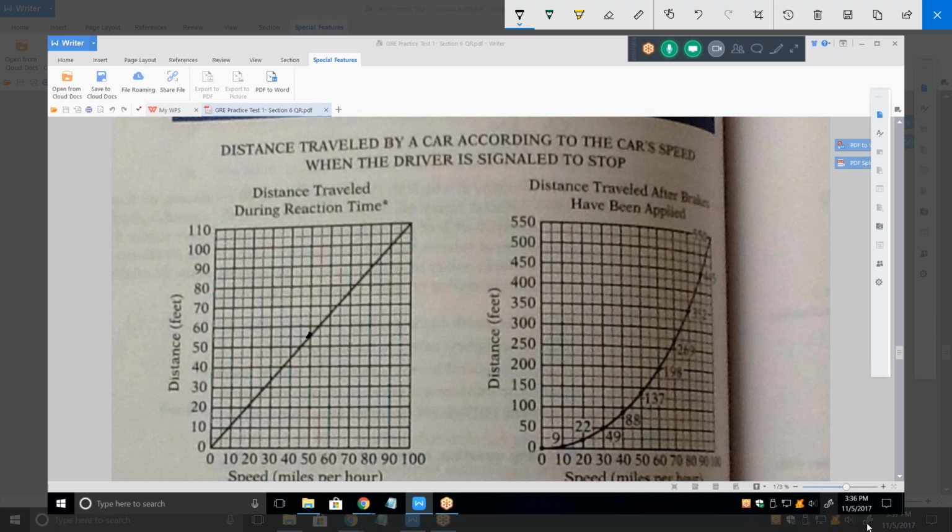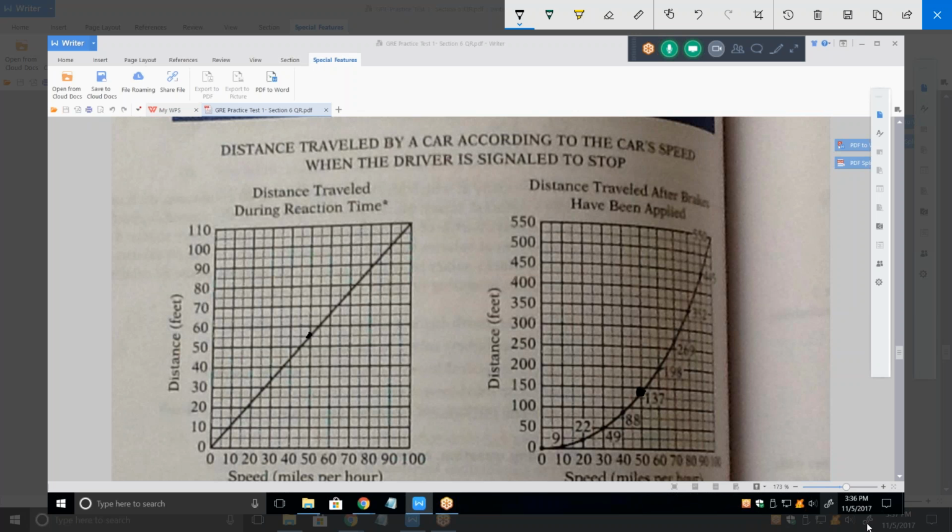On the right, we have the distance traveled after the brakes have been hit. So if you're going that same 50 miles an hour, your car is going to move another 140 feet, 137 feet, I guess, after the brake.